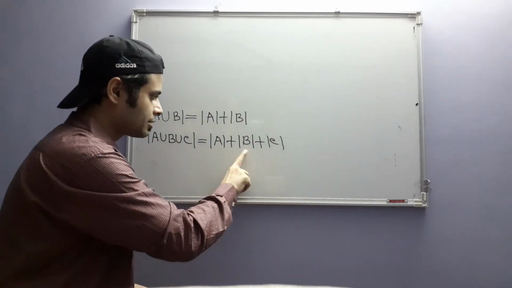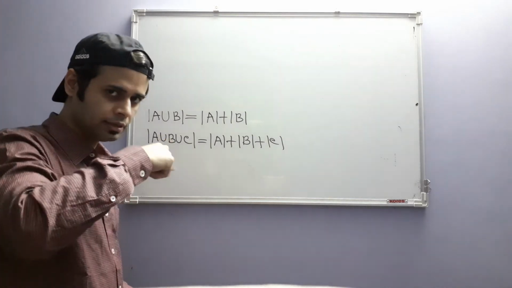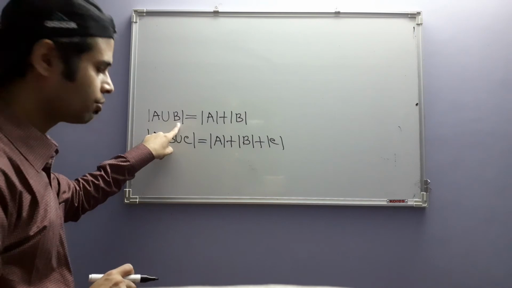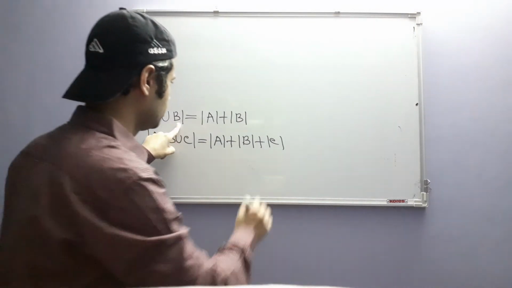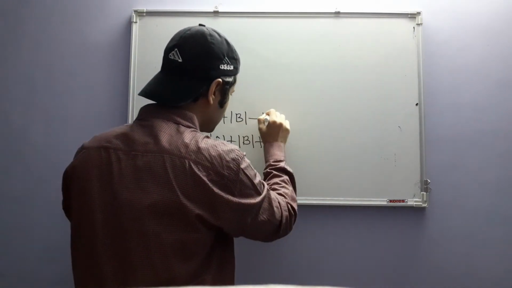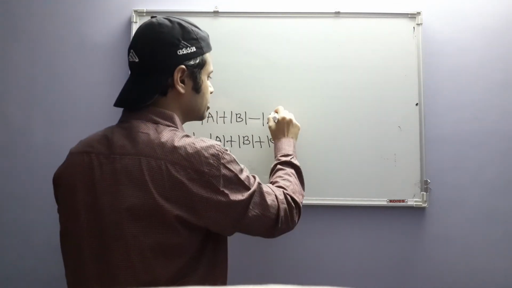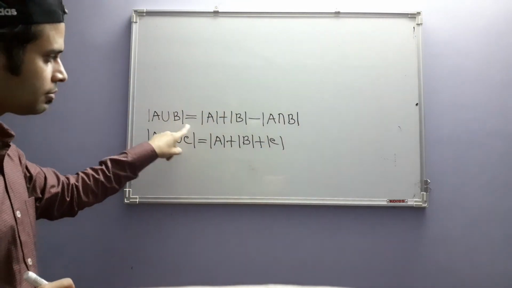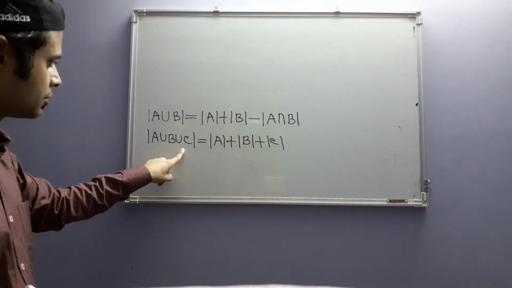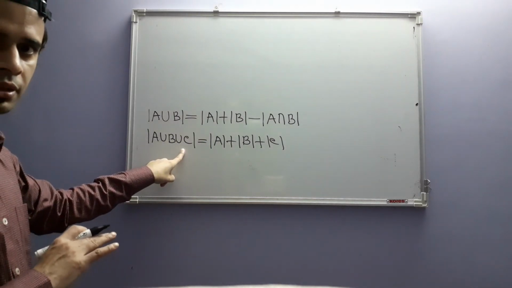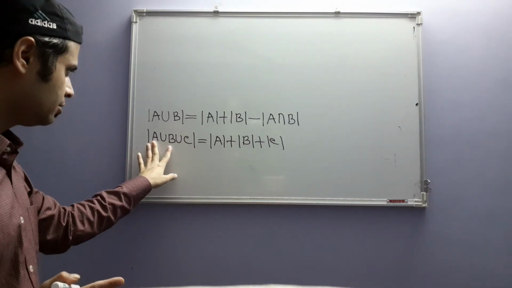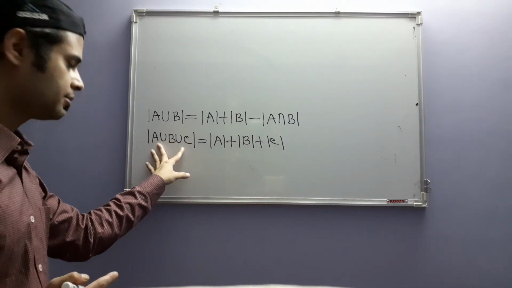But instead of 1 set, next you take 2 sets. Now since here we have only 2 sets involved, so I write minus, and what do you do with 2 sets? You take their intersection. Here I have 3 sets, so out of 3, 2 sets can be chosen in 3 ways, either AB or BC or AC.